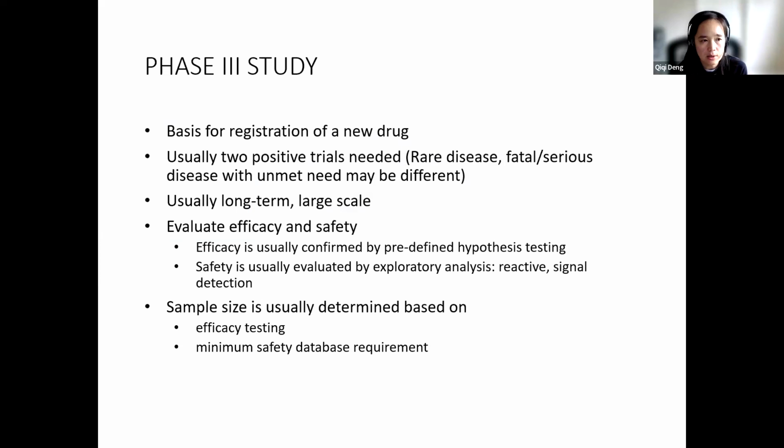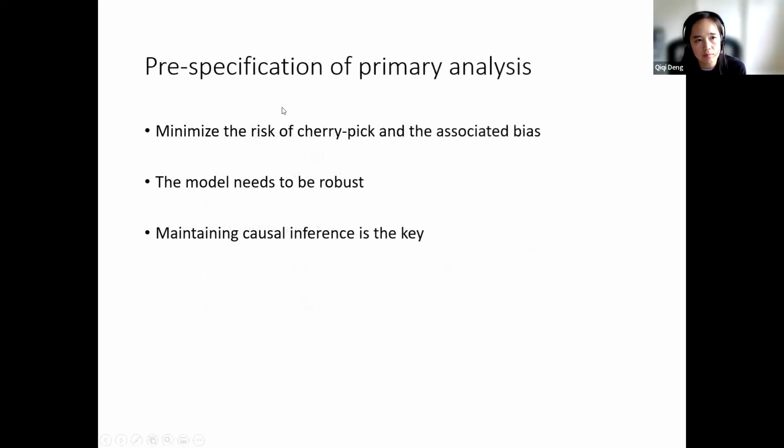And those studies are usually long-term, large-scale studies to evaluate both efficacy and safety of the drug or treatment. And then finally, the sample size is usually determined based on efficacy testing as well as minimal safety database requirement. The first one is more a statistical question, but the second one is not necessarily a statistical testing question.